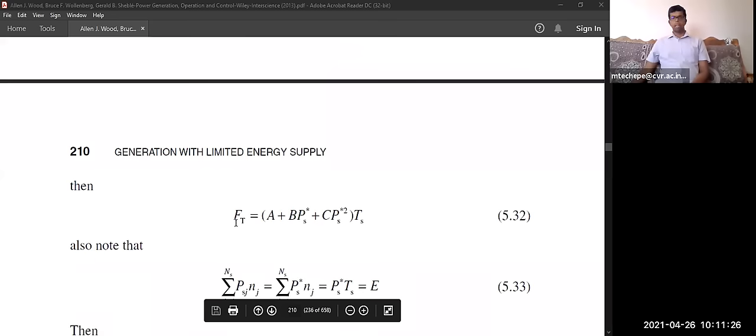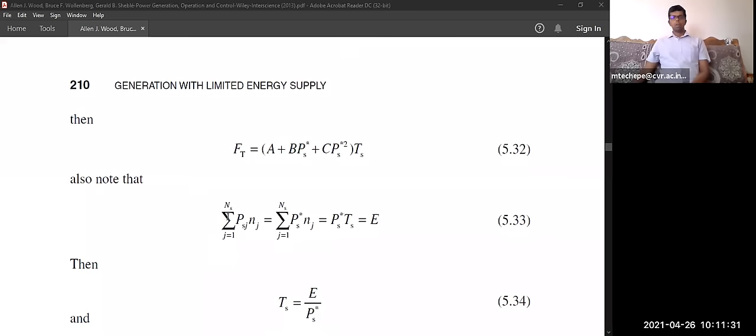That is the total fuel cost FT. Here sigma j equal to 1 to ns of PS j into nj equals sigma j equal to 1 to ns of PS star into nj, which is PS star into TS, that is E.